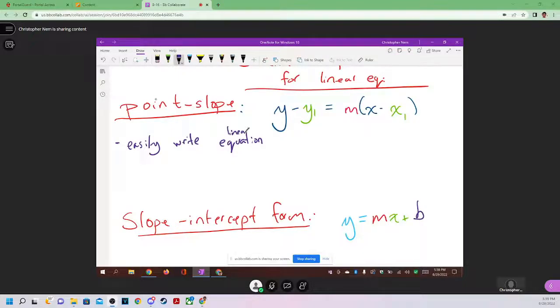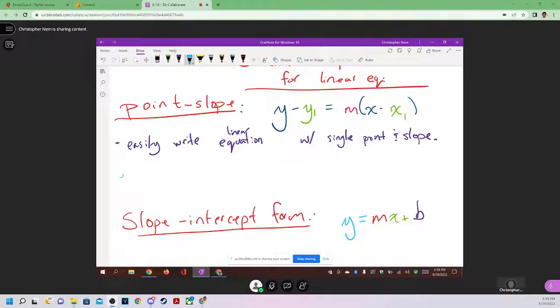Linear equation with a single point and slope. If you have a single point and I give you a slope, you can easily write an equation in point slope form.